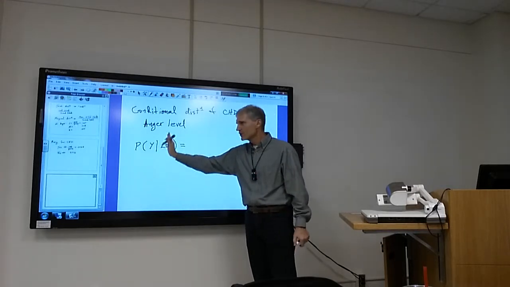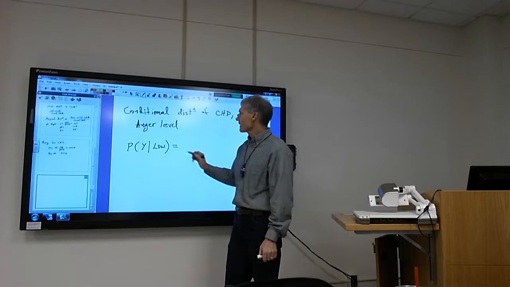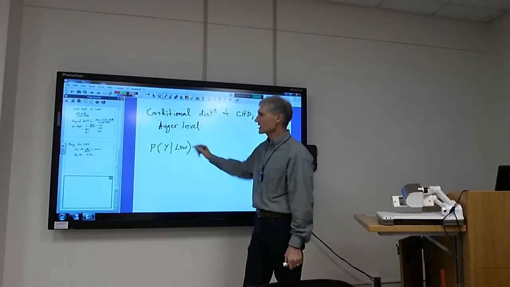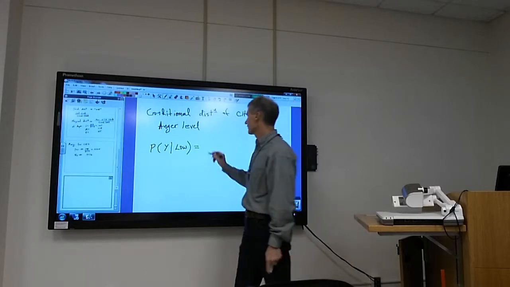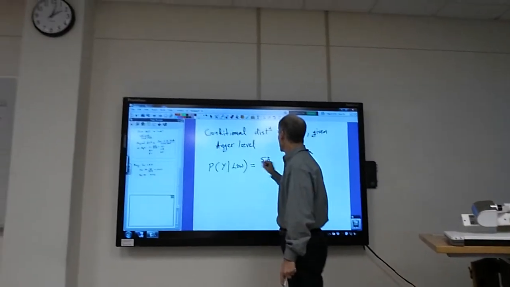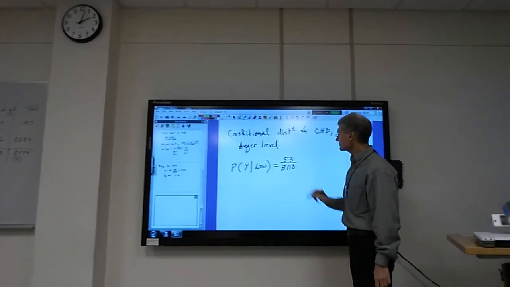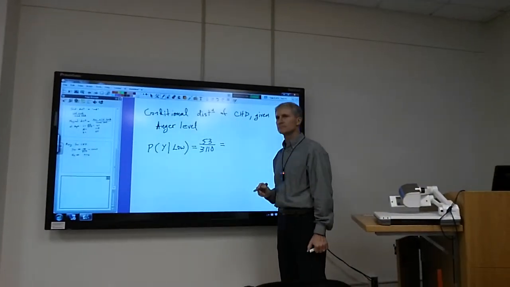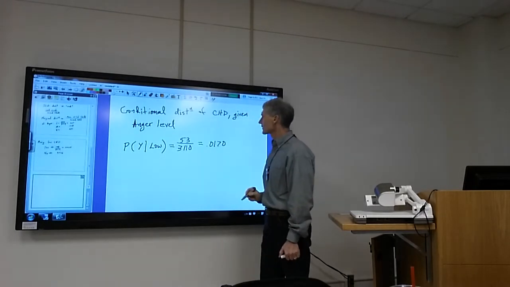Okay, so the vertical line, it's not a divide symbol, it's a vertical line. What two numbers do I divide to give me this? Good. 53 divided by 3,110. 0.0170. Okay?